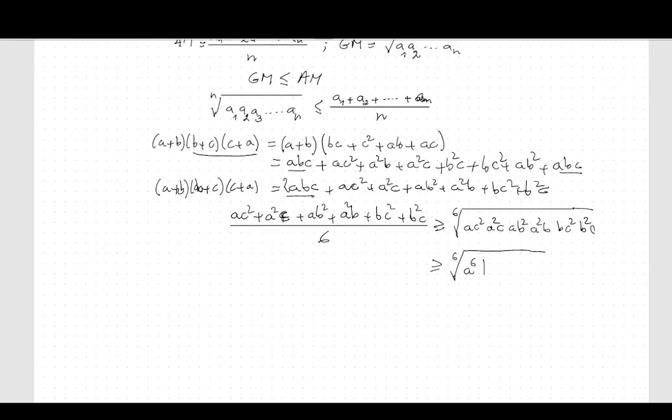Now the same for b, where b squared times b times b times b squared, that's b to the sum of the powers, 2 plus 1 plus 1 plus 2, that's exactly 6. And you can still see that for the number c it is the same again, c squared times c squared times c squared, which is c to the 6th.